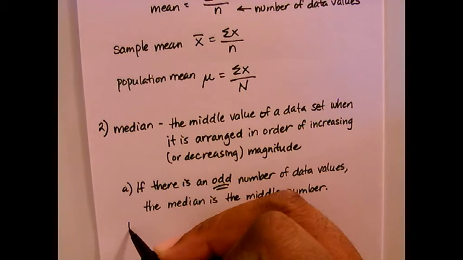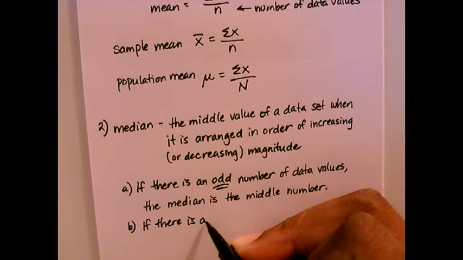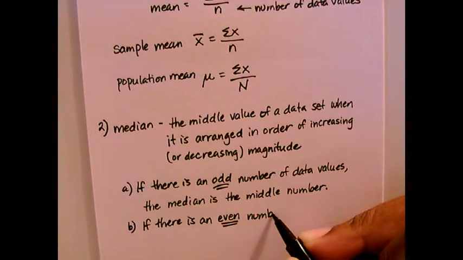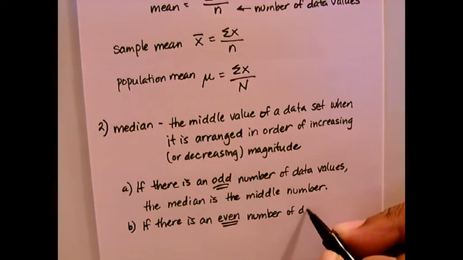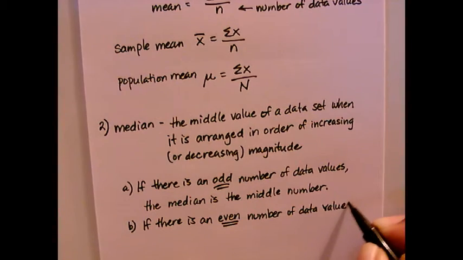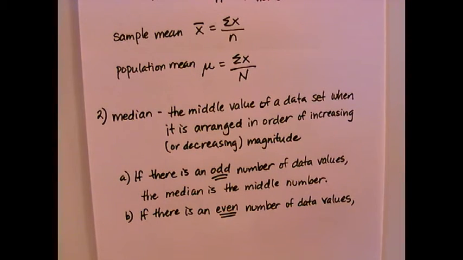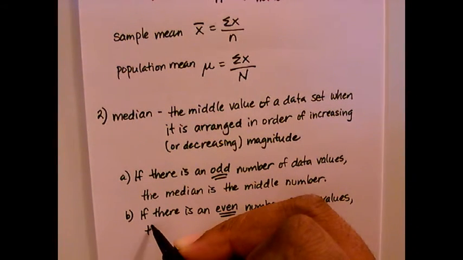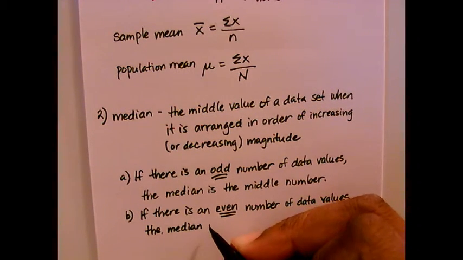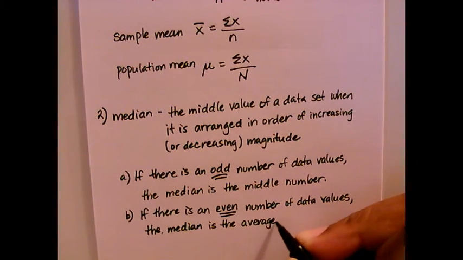Now, if there's an even number of data values in a set of data, like let's say 6, 8, 10, 20, etc., then to find that median, you have to take the average of the two middle numbers.